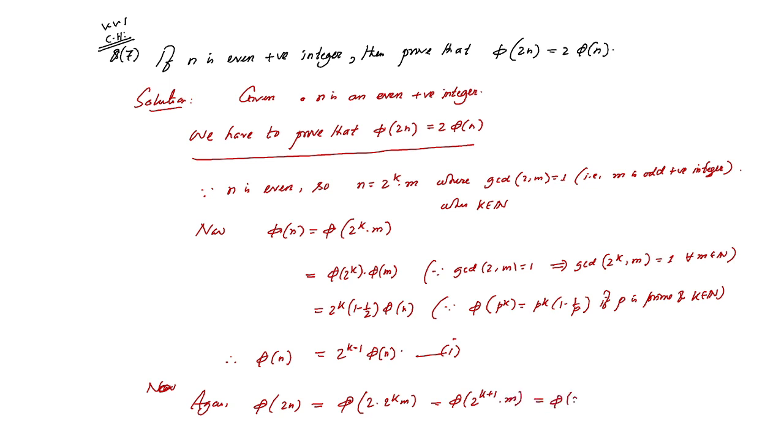Again, we can write phi of 2 to the power k plus 1 into phi m, since GCD of 2 to the power k plus 1 and m is basically 1. So we can write 2 to the power k plus 1 into 1 minus half, into phi m. So that means it will be 2 to the power k into phi m. So we get phi of 2n equals 2 to the power k into phi m. This is 2.